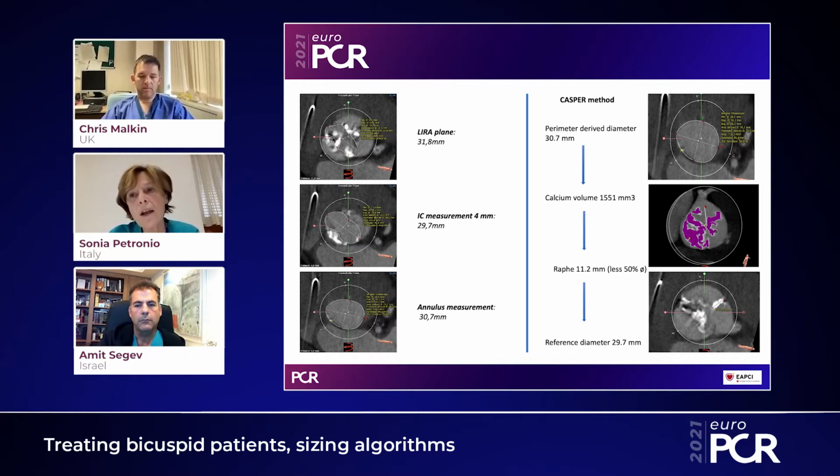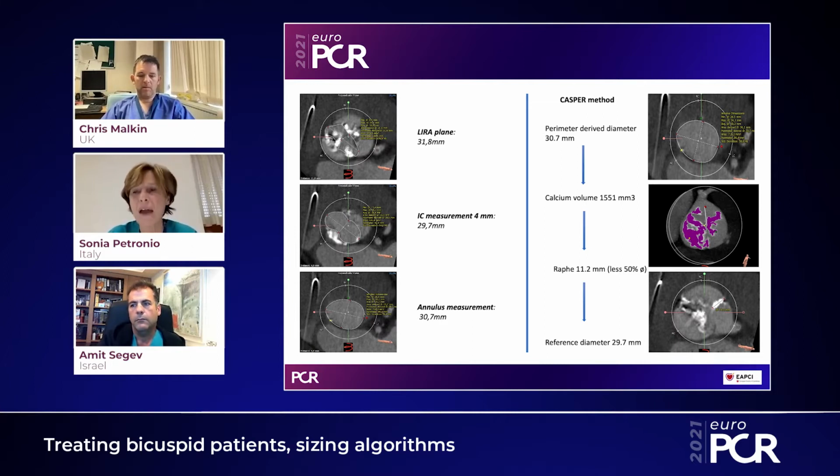And then finally, the algorithm that we use, which is the Bicuspid method, looks at the annulus and points out two other questions: the length of the raphe and the calcium volume. Depending on that, we can subtract or not some millimeters from the measurement that we have done on the annulus.